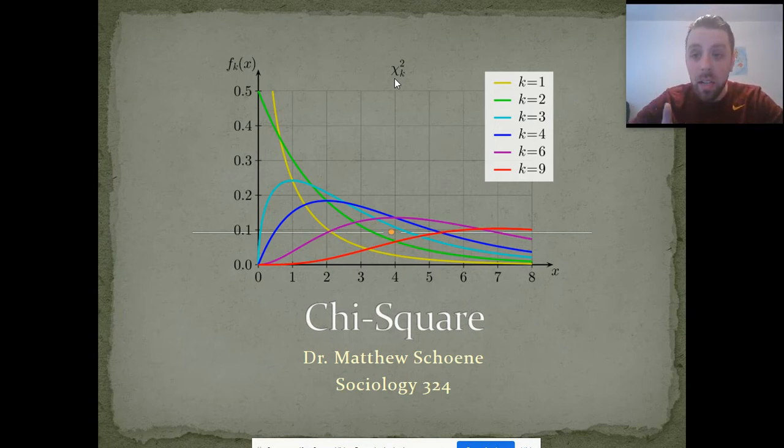Now, chi-square does require care and attention. There are many steps to follow here, but the math is much simpler, in my opinion, as compared to an ANOVA hypothesis test.